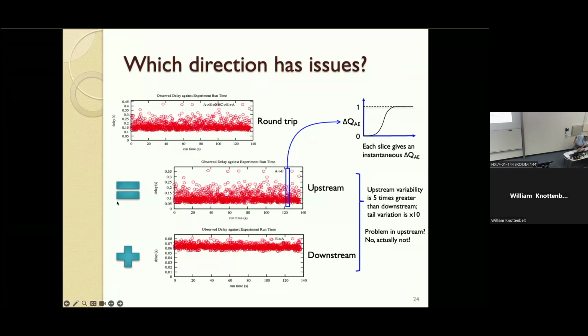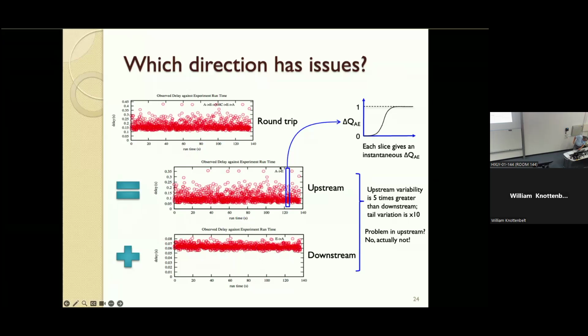We can split this into upstream delay and downstream delay. The upstream delay goes from A to E, and the downstream goes back from E to A, okay? You can see that the upstream has a lot of variability, in fact 5 times greater than the downstream, and the downstream is much less variable, more constant, okay?